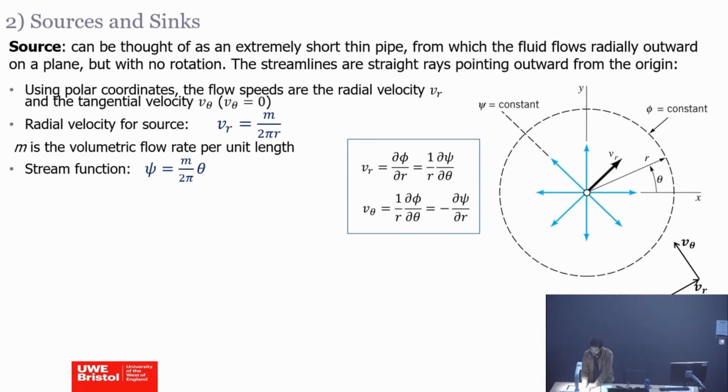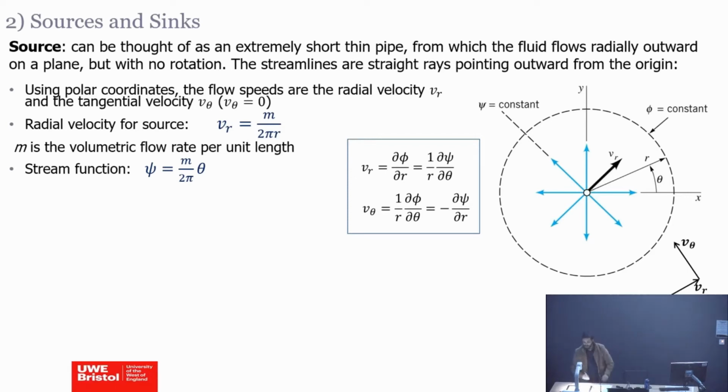So that means d phi is m over 2 pi r times dr, right? Integrate. I can leave the m over 2 pi outside, but I can't take the r, of course. So the integral would be something like that.